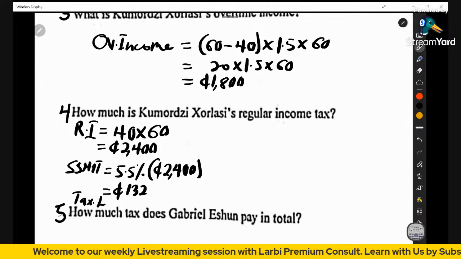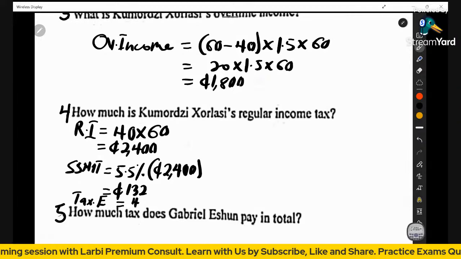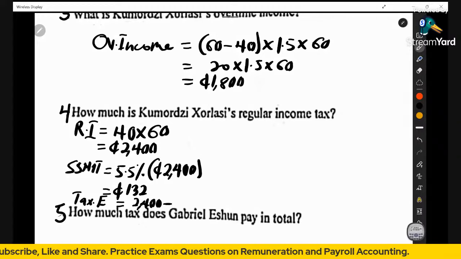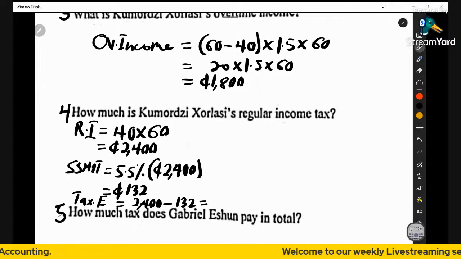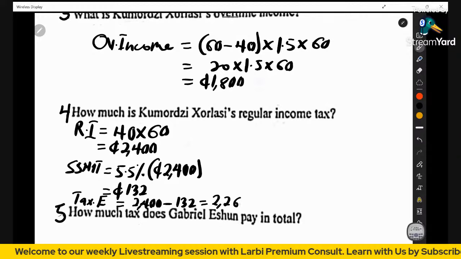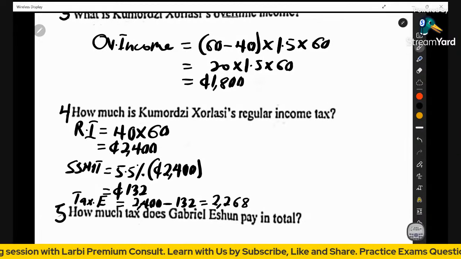Taxable earning should be equal to the difference between the regular income, which is 2,400, and the SNET contribution, which is 132. At the end of the day, you should get a taxable earning of 2,268. Okay, so once we're able to get our taxable earning, that is fine.